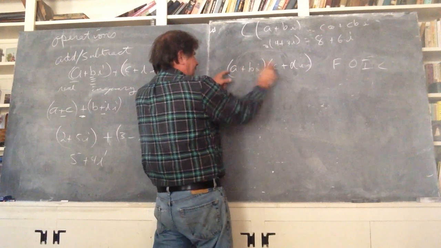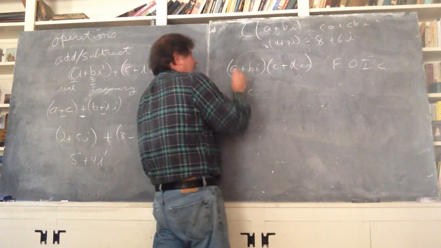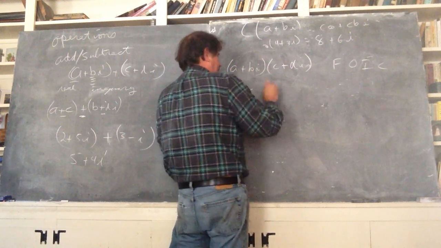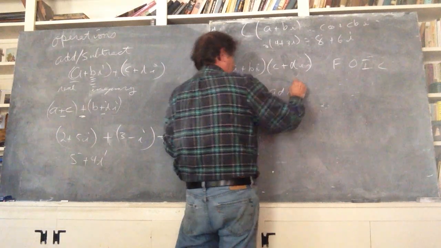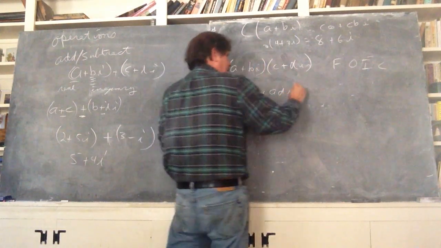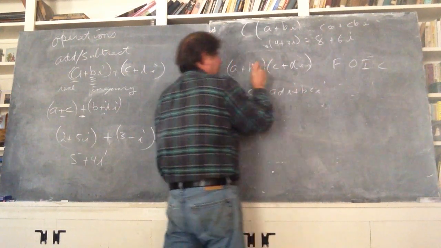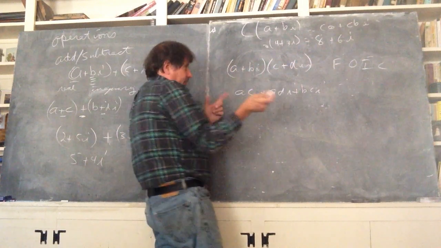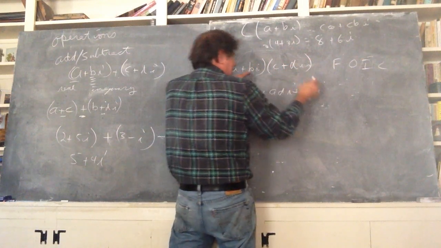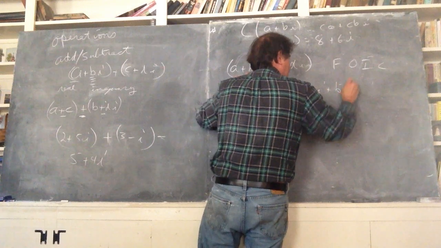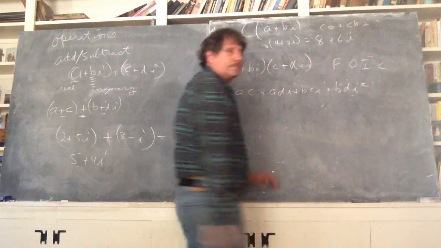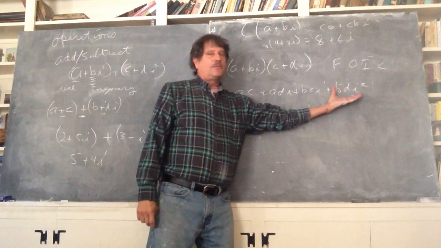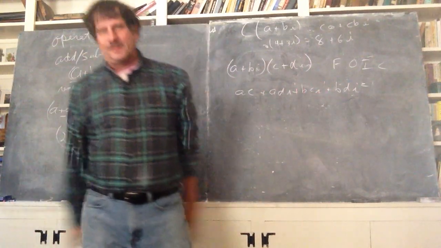So I'm taking a times c. First is ac, plus outside is adi, plus inside is bci. And then last, now here's where it gets interesting, would be bdi squared. That's why all this is happening, really, because now, hey, check this out.